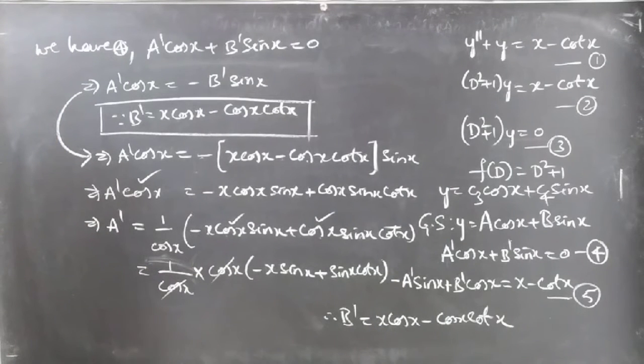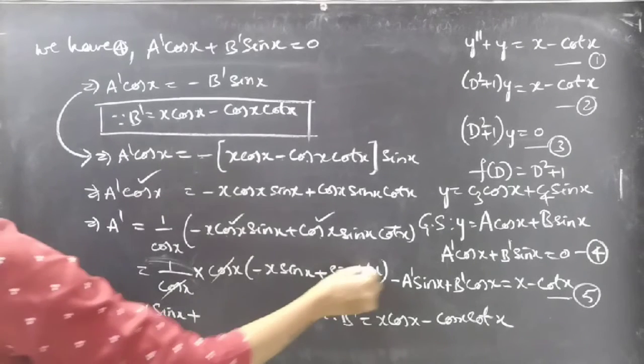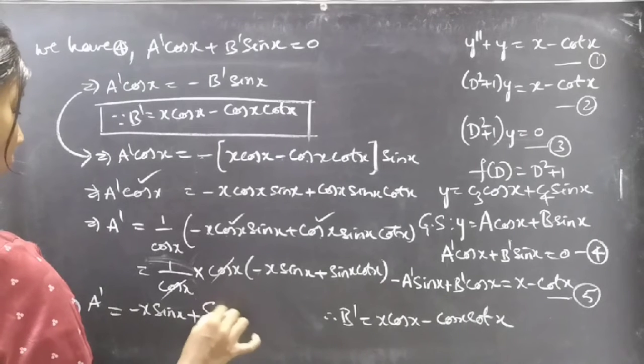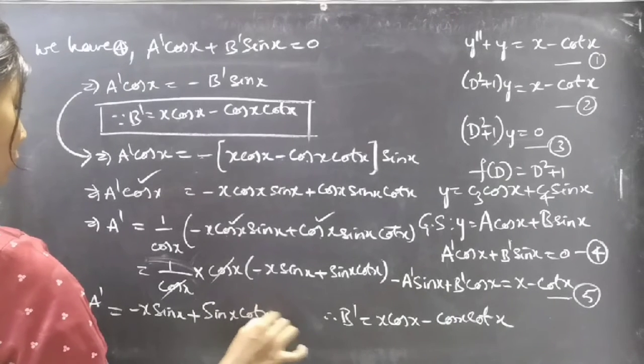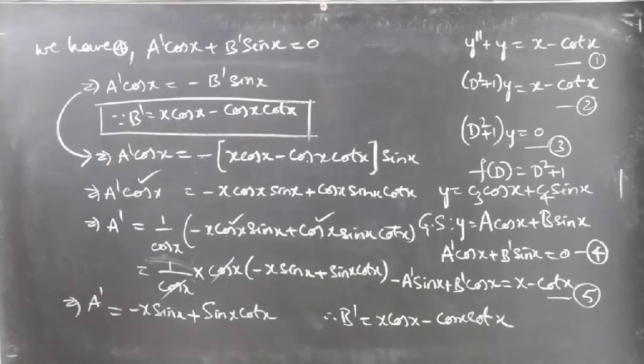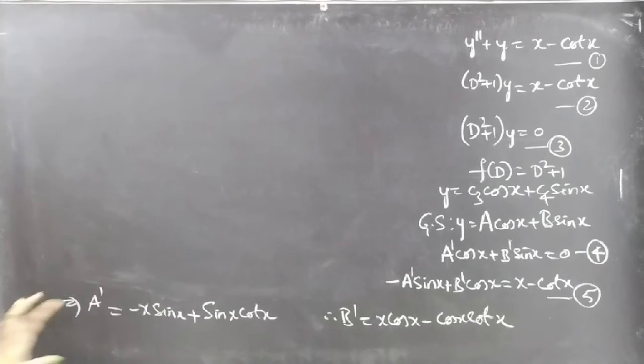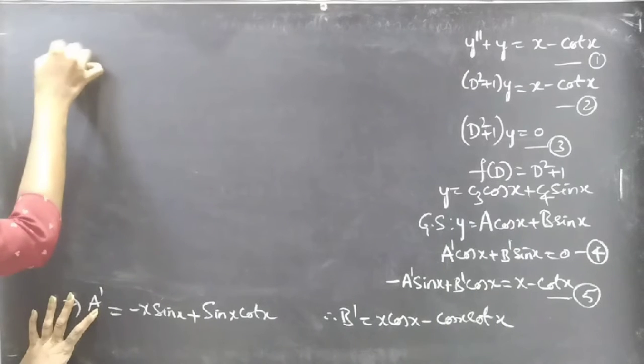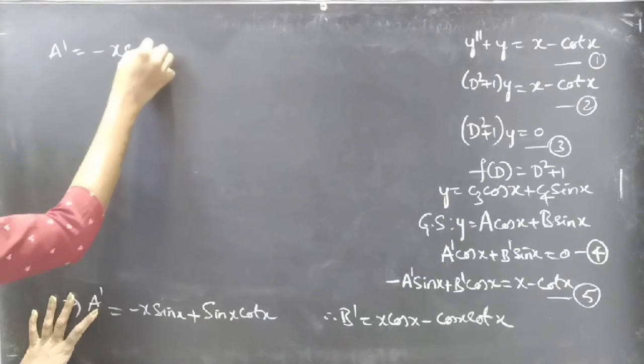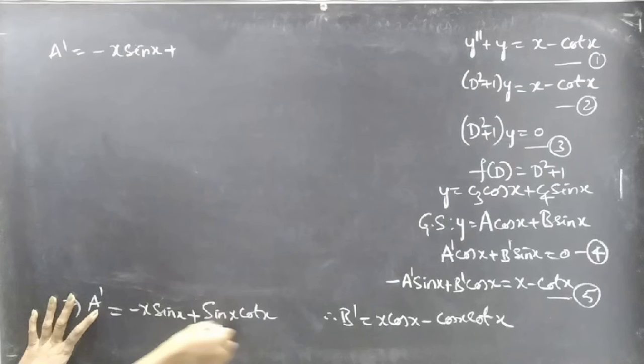So cos x gets cancelled and we'll get a dash equals minus x sin x plus sin x cot x. Right?